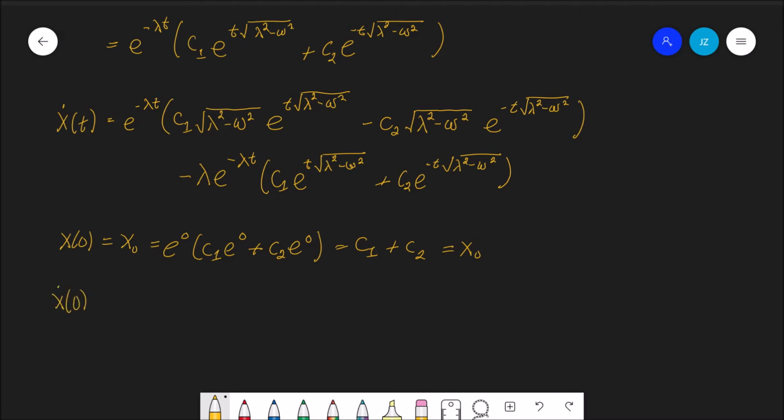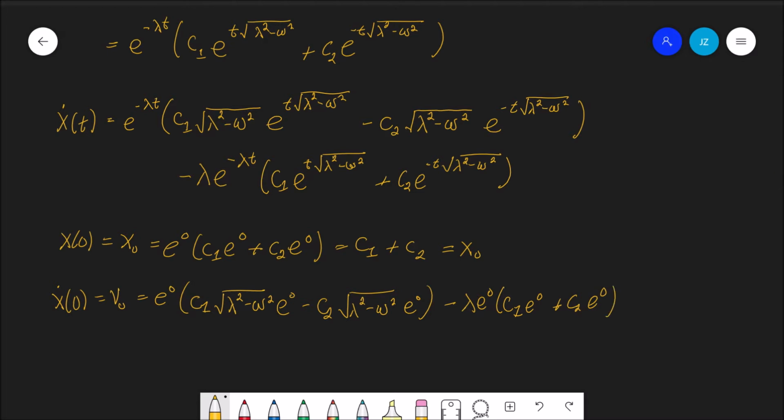X dot of 0, remember, is our initial velocity, v naught. So we plug that into this equation. We get e to the 0 times C1 square root of lambda squared minus omega squared e to the 0 minus C2 square root of lambda squared minus omega squared e to the 0, minus lambda e to the 0 times C1 e to the 0 plus C2 e to the 0.